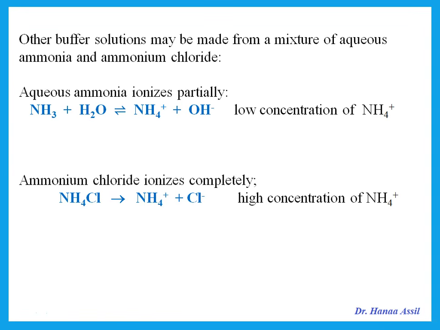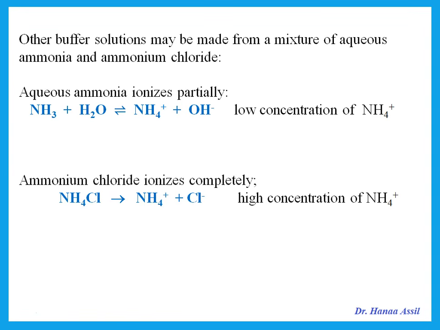Another buffer solution is made of aqueous ammonia and ammonium chloride. So the aqueous ammonia reacts with water in a reversible reaction to form ammonium ions and hydroxide ions, while the ammonium chloride ionizes completely to give NH4 plus and Cl minus.